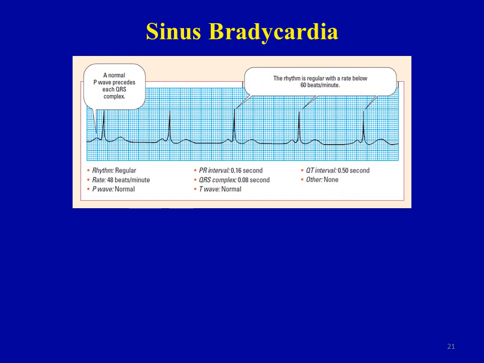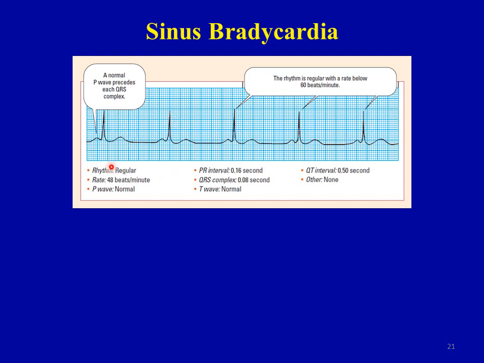In sinus bradycardia and sinus tachycardia, all the characteristics of the sinus rhythm are there except the heart rate. Very slow, below 60, is a sinus bradycardia. More than 100 up to 160, it is sinus tachycardia, as I mentioned earlier. So you can notice here in this ECG strip that we have a very low heart rate.